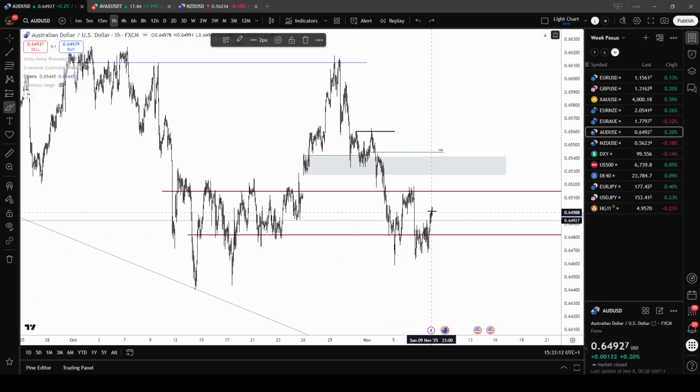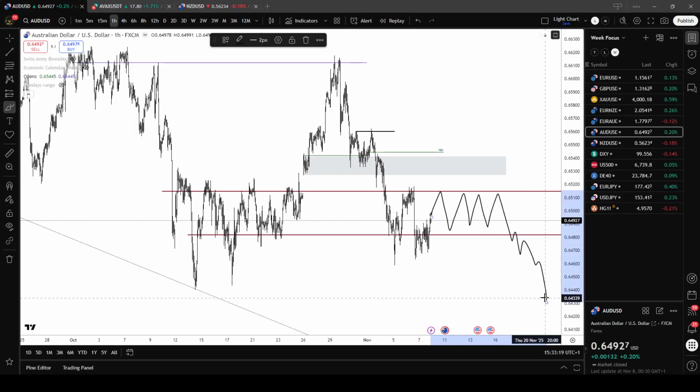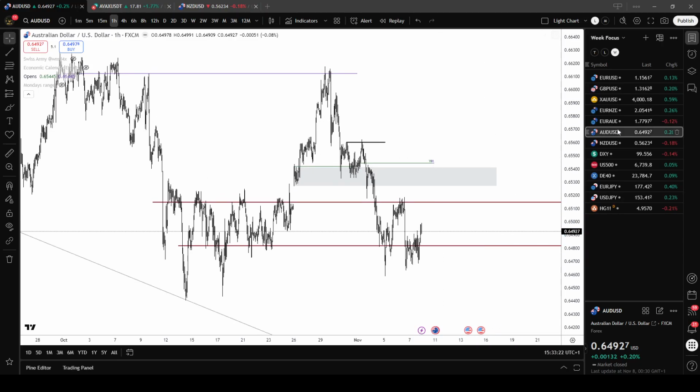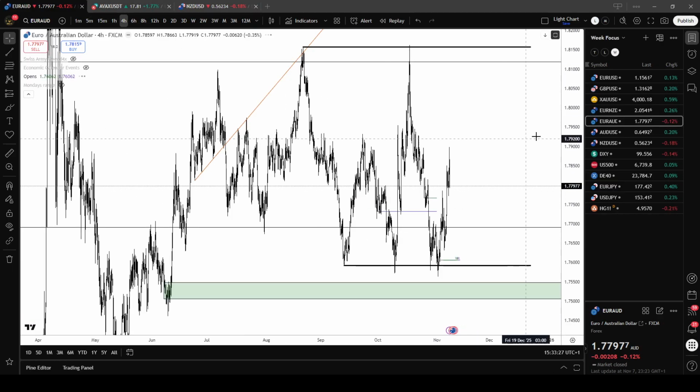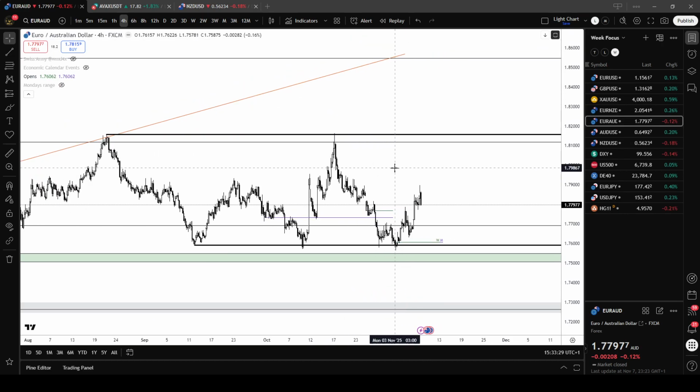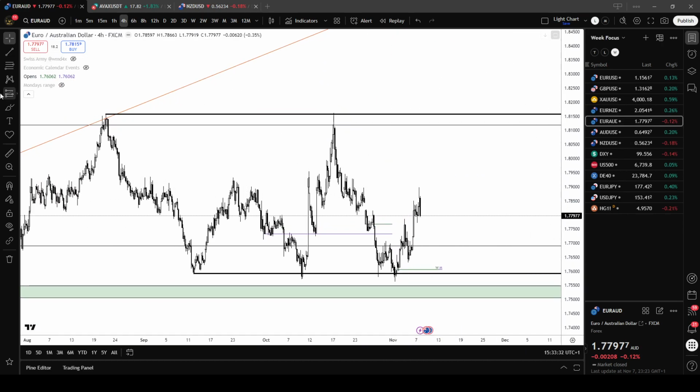And if it spends too much time here, I think it would break lower. Especially because when we look at Euro AUD, it was sitting at range lows, and that was our signal to not get bullish AUDUSD.